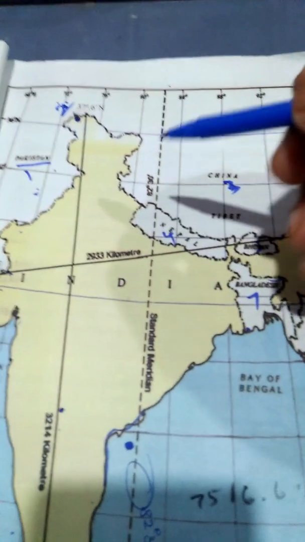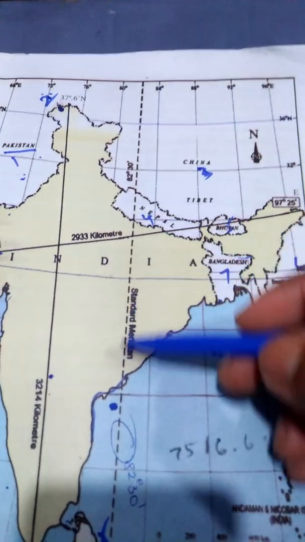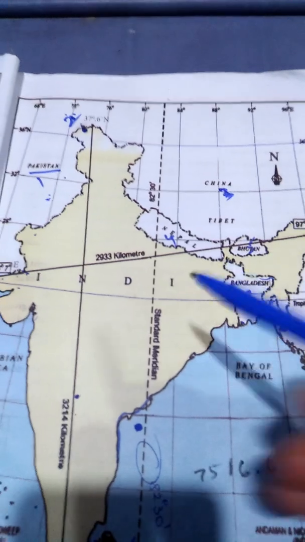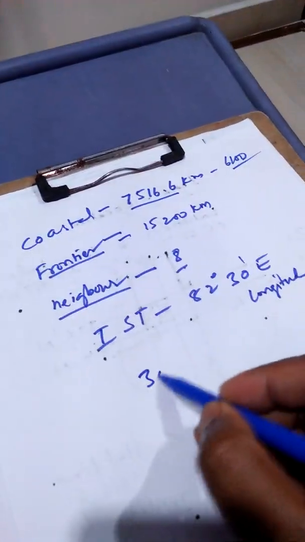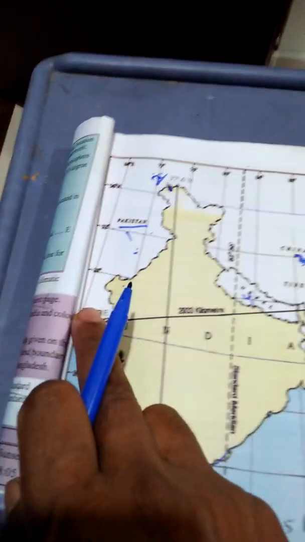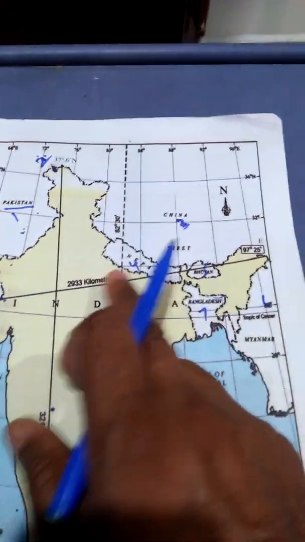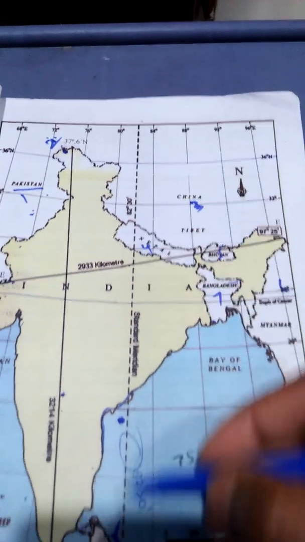This equally divides India. Actually, India extends 30 degrees in longitude and 30 degrees in latitude. So 30 longitudes means from here to here 15 longitudes, and from here to here 15 longitudes. In between, this IST is located.